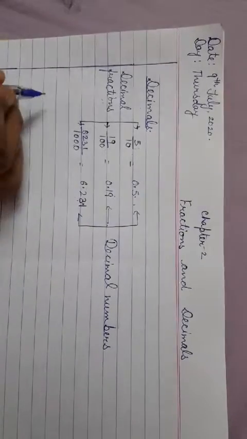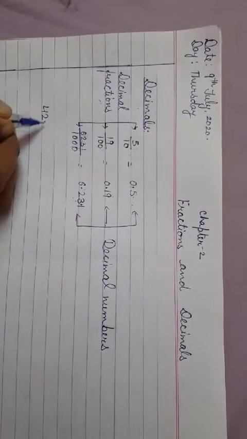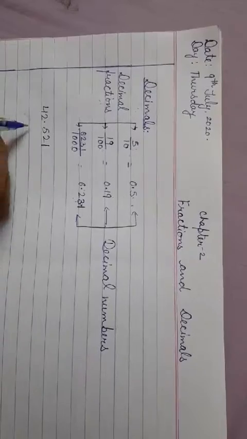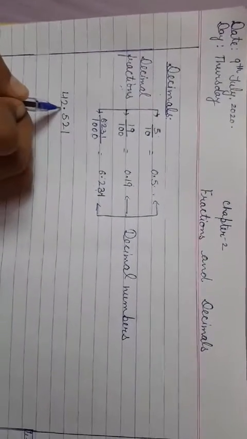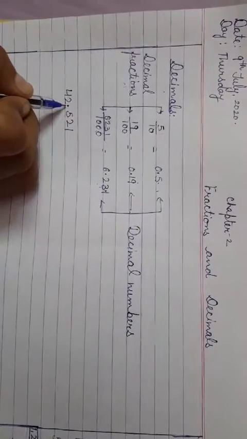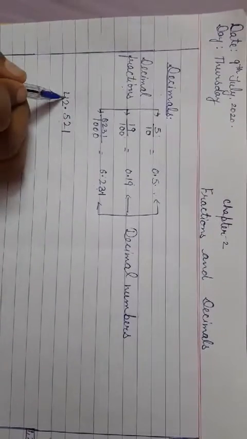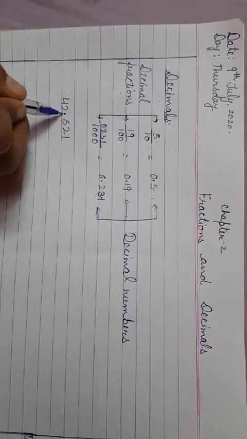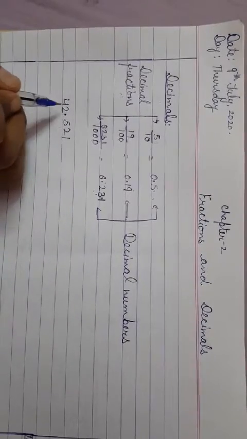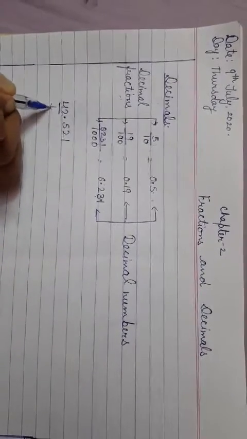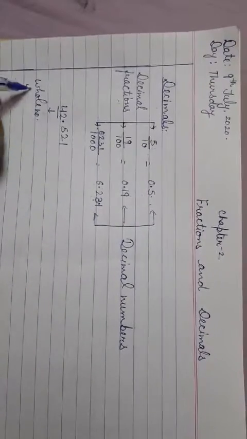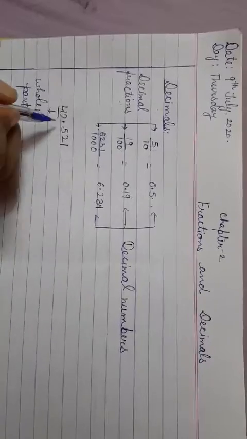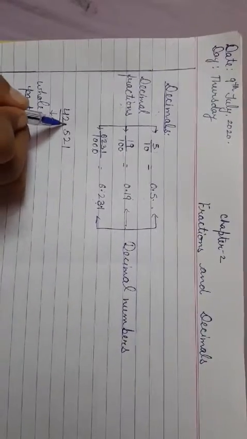Let us take one more example. 42.521. Here it is a decimal number because I have put a decimal here. So 42 are the numbers which are written on the left side of this decimal. So this part is called whole part. Whole number part means the part written on the left side of the decimal is called whole number part.